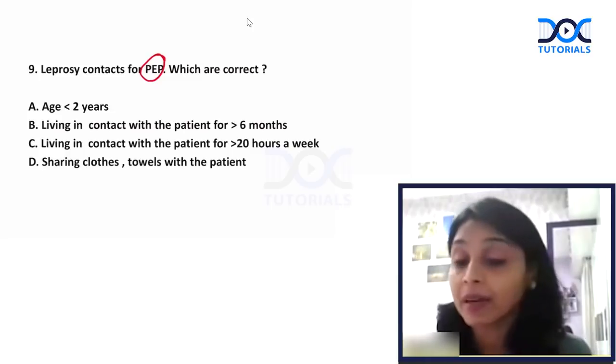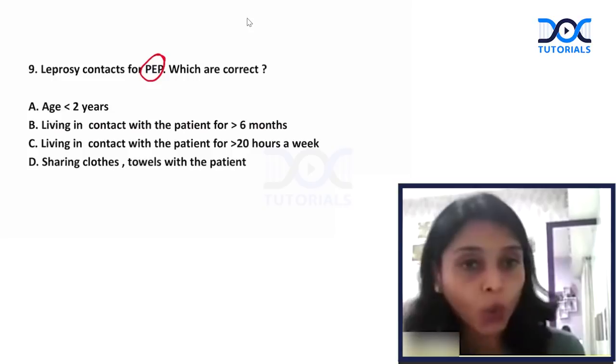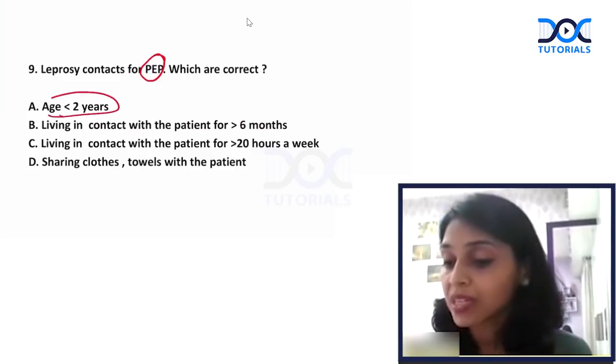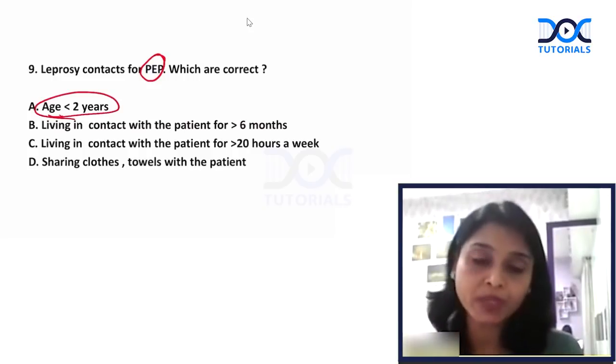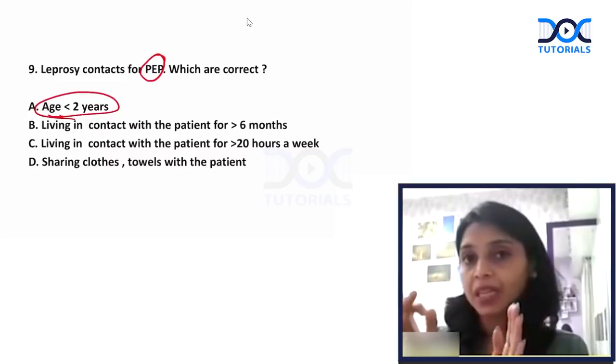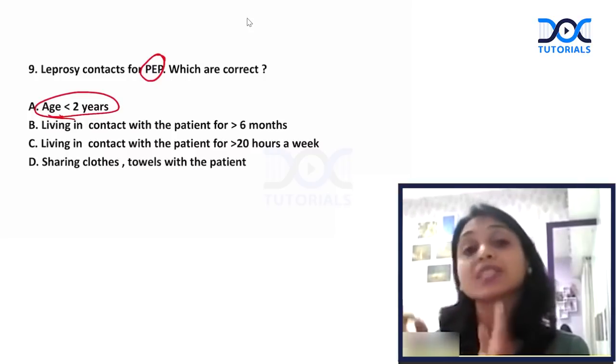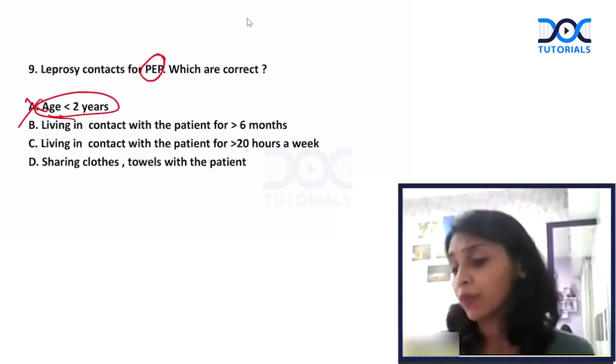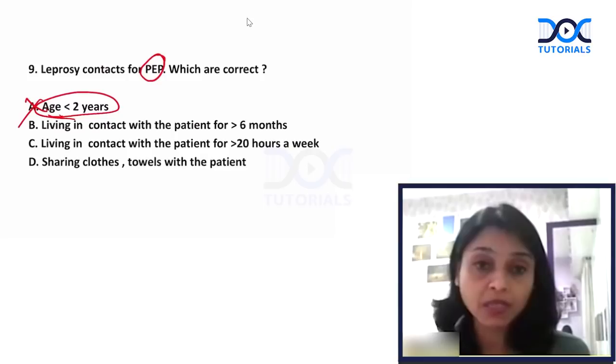Age less than 2 years. No. PEP is given only for those who are more than 2 years. So in the program, the PEP recommendation is for a person who is more than 2 years. So that is wrong. Living in contact with the patient for more than 6 months.